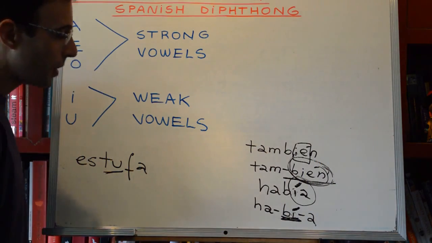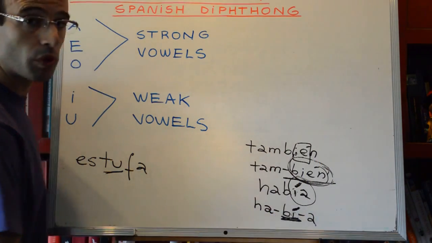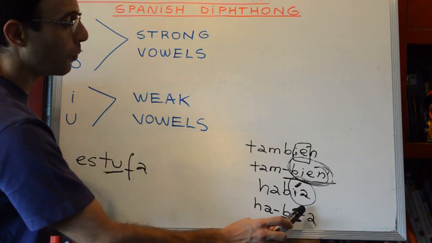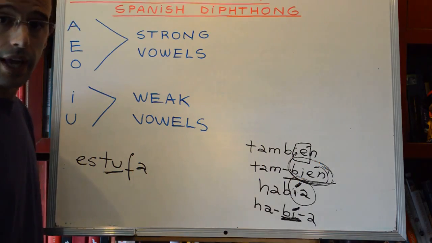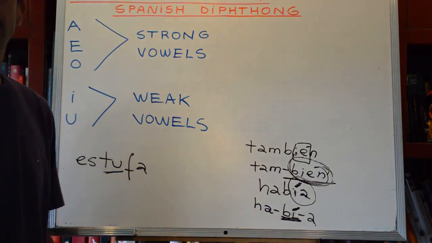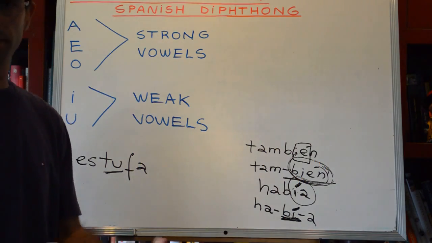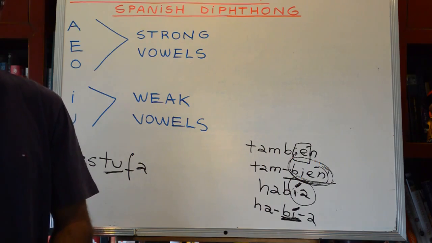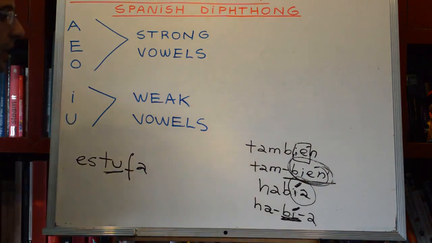Why? Because we have two strong vowels together, I with tilde and A, and the first one of both is a stressed vowel, right? It has the accent, the stressing of the word.